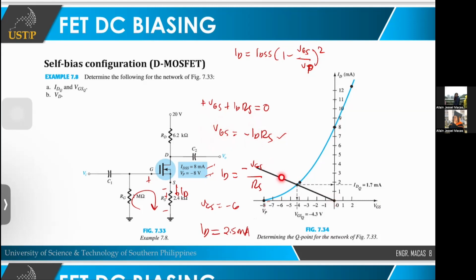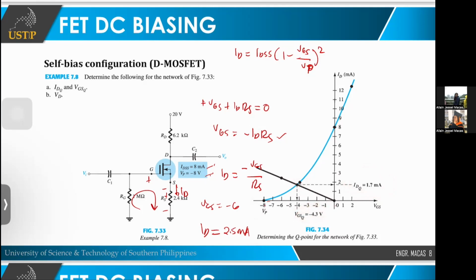So graphing this point here, which was taken from assuming negative 6, and that VGS of 0, when you plot it, it becomes a line. The intersection is what was taken. Now, this is prone to error because our approach is graphical, but just to see that the intersection between the load line and transfer curve is your operating point. It is very prone to error because it is not an exact integer. So that is negative 4.3 at the intersection of your load line and transfer curve, and your ID is 1.7 milliamperes.